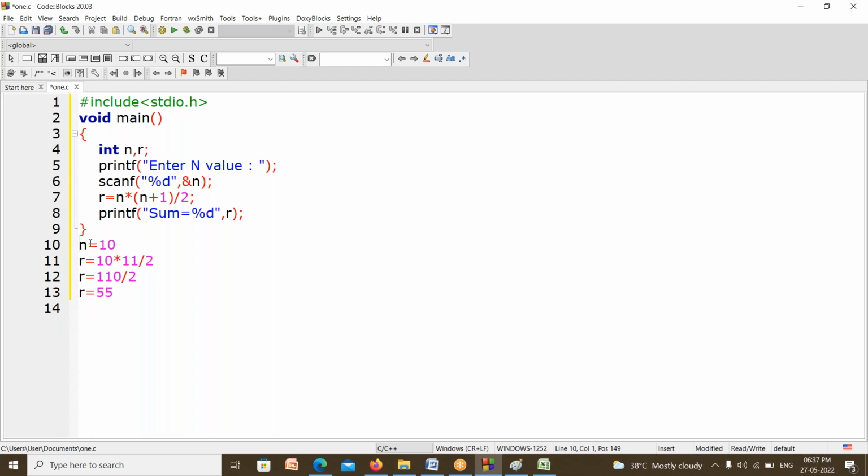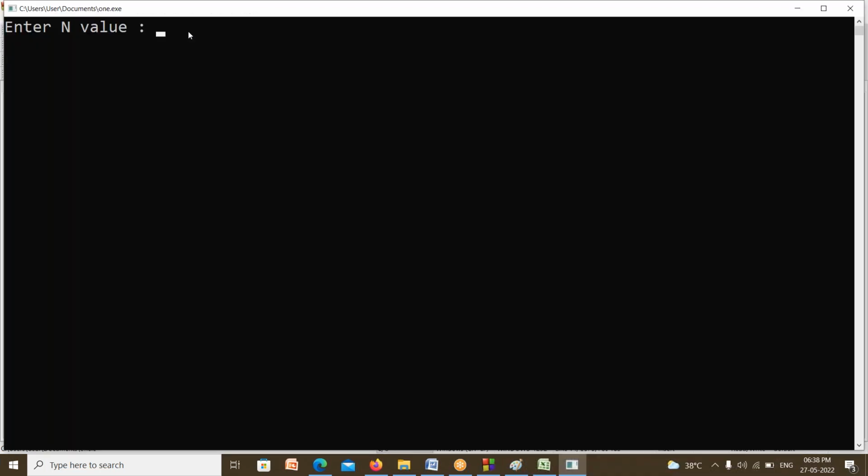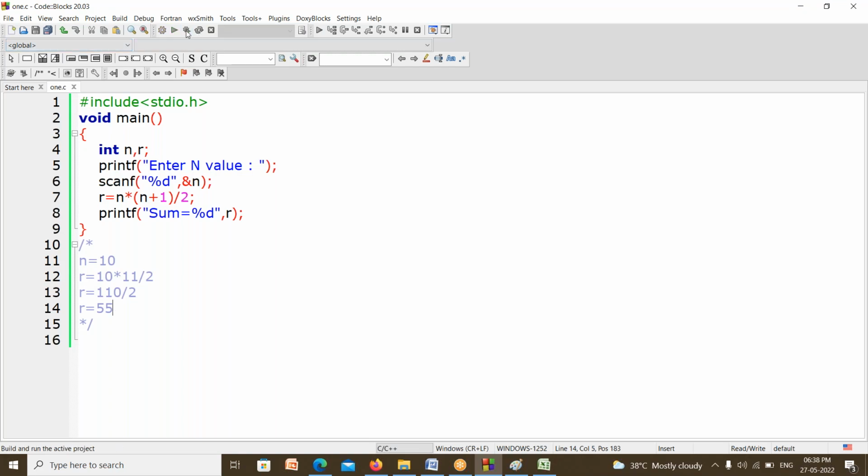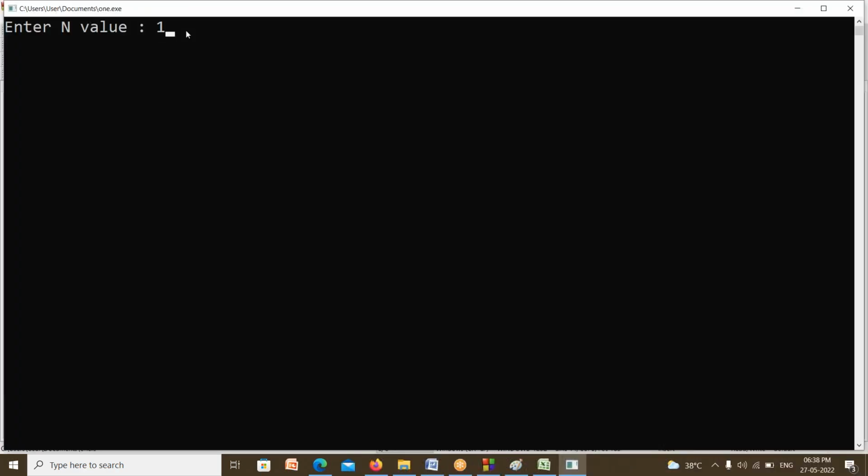So this is helpful. In this way you can find the sum of n natural numbers. Execute this program. I typed 5. 1 to 5 means 1 plus 2 plus 3 plus 4 plus 5. It is 15. Got it? Now execute this program again. The n value is 10. 1 plus 2 plus 3 plus 4 plus 5 plus 6 plus 7 plus 8 plus 9 plus 10 is equal to 55.